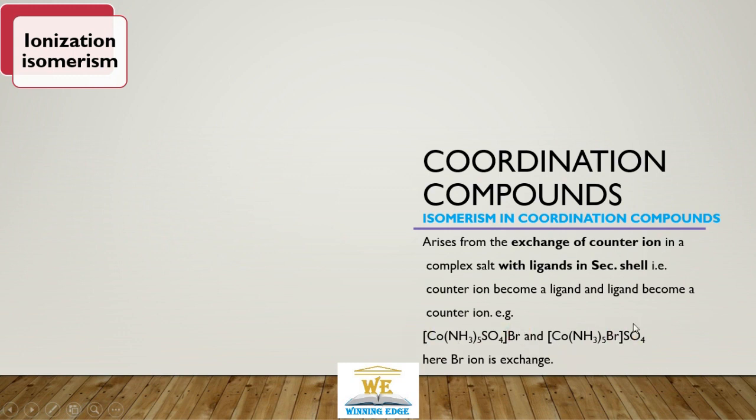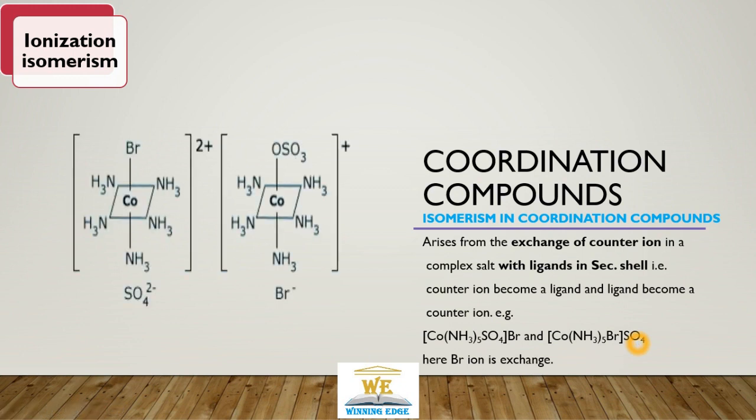Molecular formula or molecular weight will be the same. The only difference is the atoms or ligands in the ionizable part and in the non-ionizable part. Here bromide is ionizable, sulfate is non-ionizable. Here bromide is non-ionizable, sulfate is ionizable. Sulfate is in the coordination sphere in one, bromide in the other.